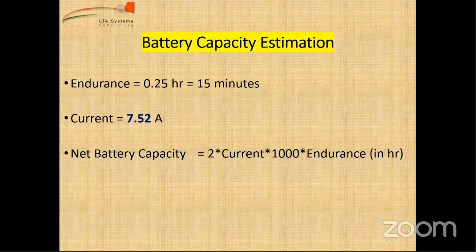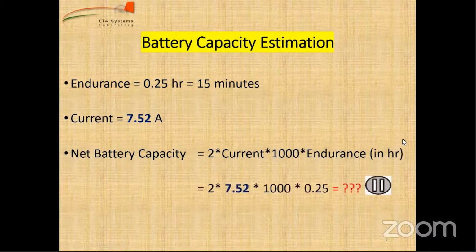So taking into account all the 3 motors, we have just taken a factor of 2 to make things easy for us in this exercise. This factor 2 takes into account all the 3 motors combined. If you plug in, what do you get? 3760. Correct.